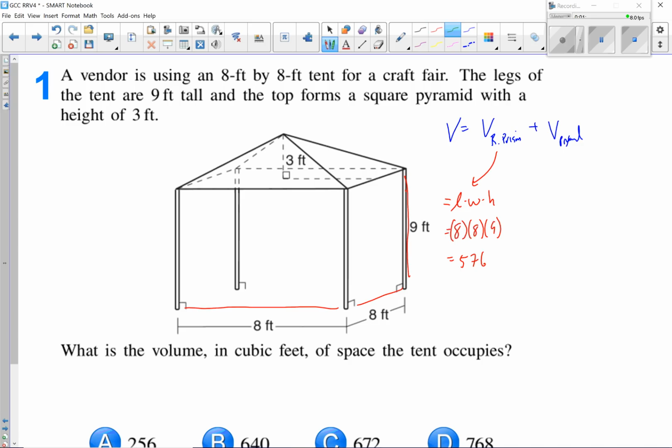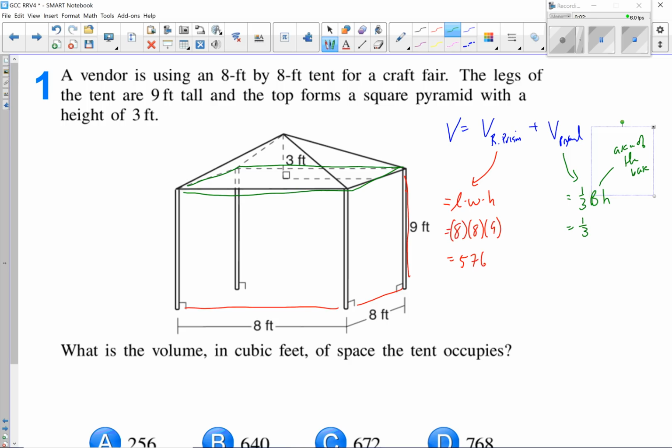For the pyramid portion, that volume formula, if you remember, is 1/3 times the area of the base, which is the big B, times the height. The area of the base here would just be a square.